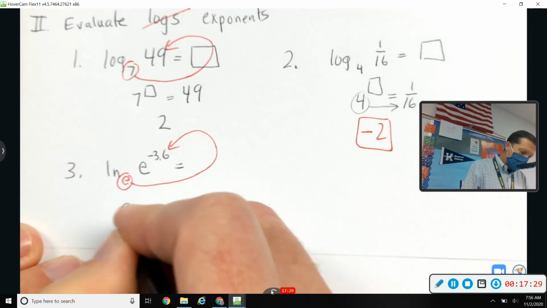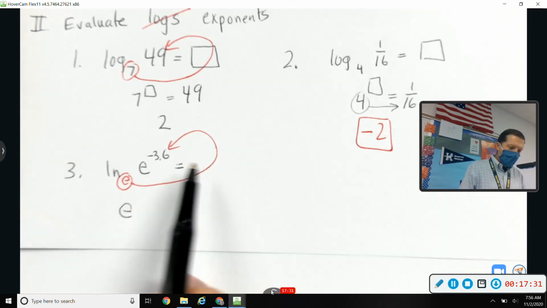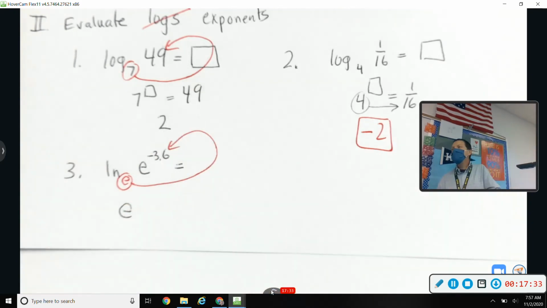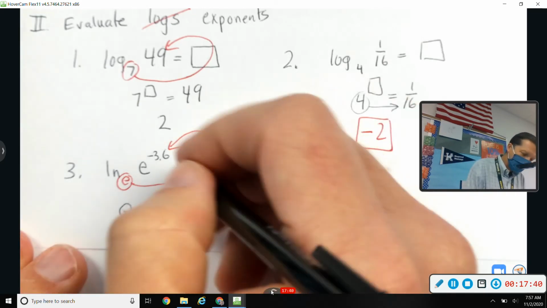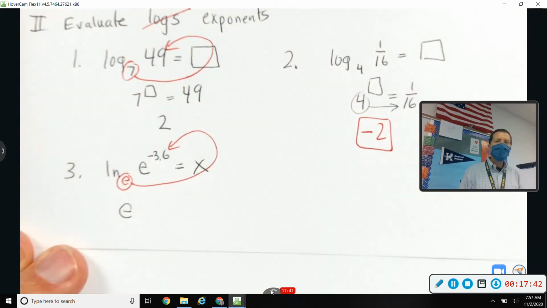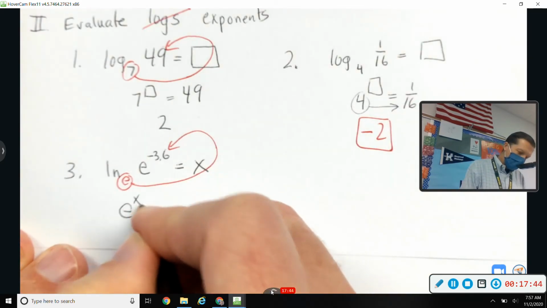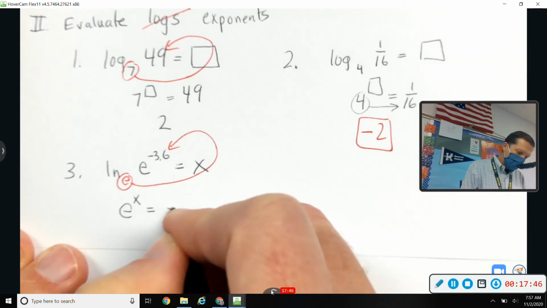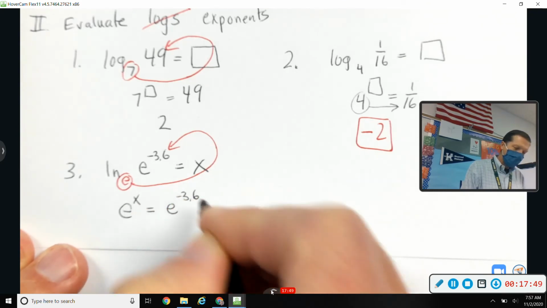So this means e to, I put a box over there. Some people introduce a variable and make it an x or a y. You can do either one. I could put an x over there. So e to the x equals e to the negative 3.6.